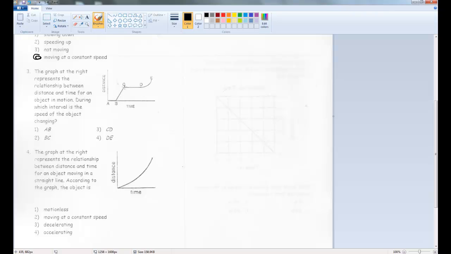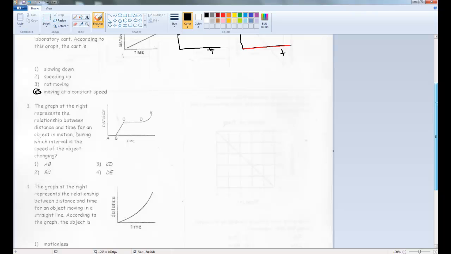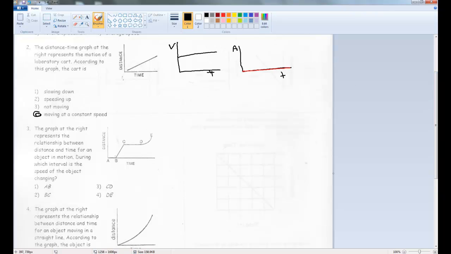From B to C, the distance is increasing, but this is kind of like the example before. So this is kind of like question number two. If distance versus time is increasing like this, that implies that it has a constant velocity, and a constant velocity is not a changing speed, right?